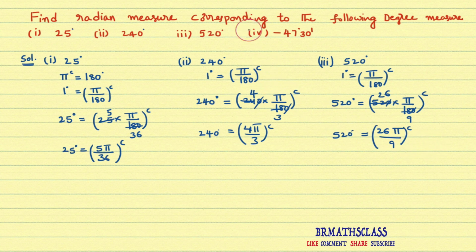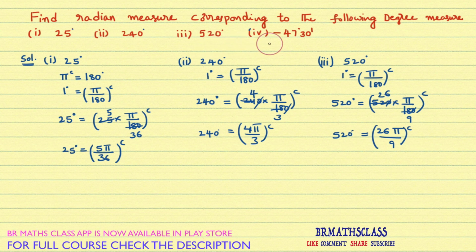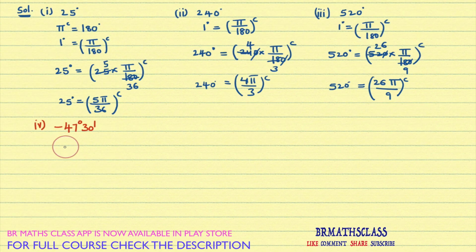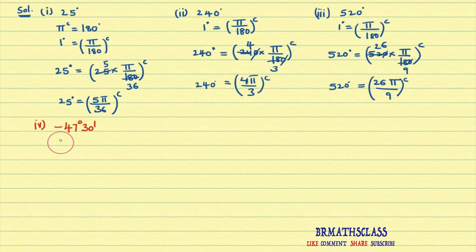You see this fourth bit, this is a little complicated compared to the first 3 bits. So we'll do it step by step. I'll explain all the things neatly. Please try to understand. Okay, we need to convert minus 47 degrees 30 minutes into radian measure.